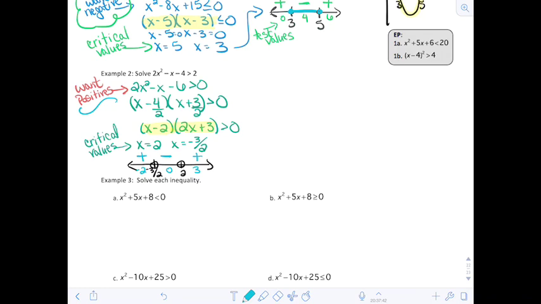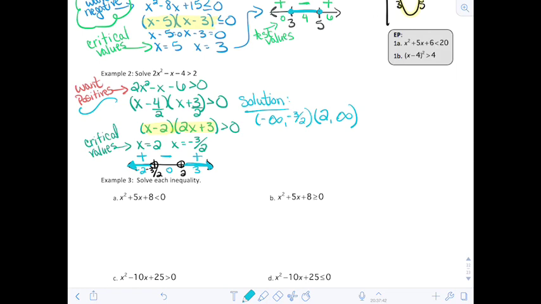So in this case, my solutions are going to be on the intervals of my number line where I have positive values. So to write that in interval notation, my solution would be from negative infinity up to, but not including negative 3/2, and from 2, not including 2, to infinity.